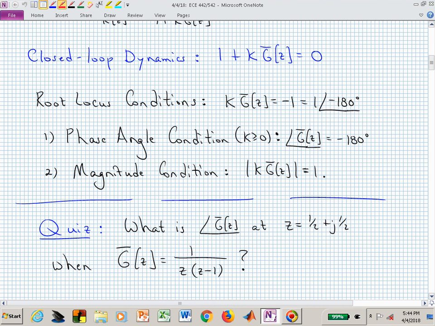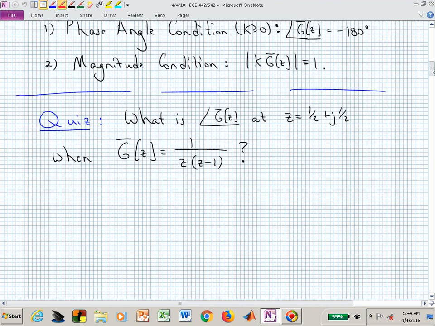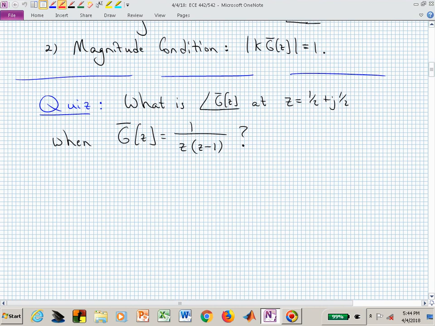But I want us to start thinking about this maybe graphically so that you visually have some intuition as to how do I find the angle of that transfer function for any point in the complex z-plane. That's the idea. Now you can solve it many different ways, but I was hoping that maybe you would do more than just, you could plug in that complex number, right, for z.